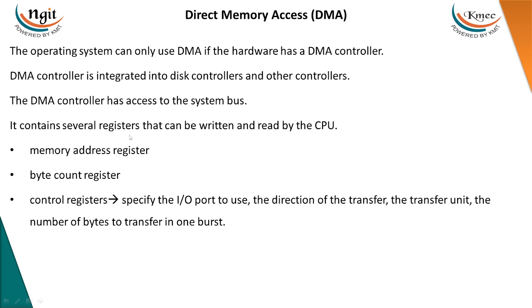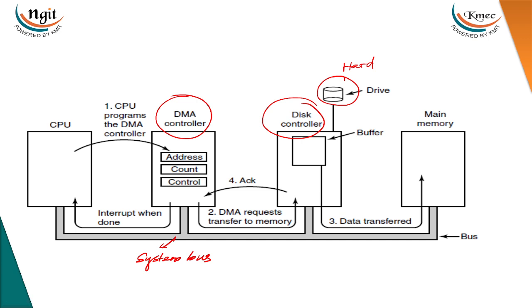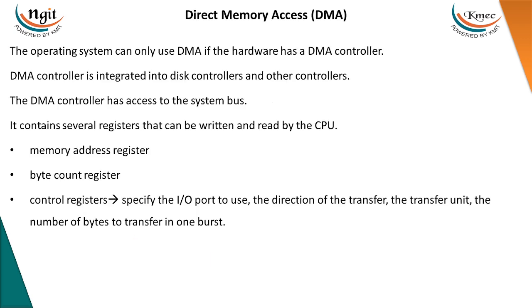The DMA controller has several registers that can be written and read by the CPU. The registers are the memory address register (MAR), the byte count register, and the control register. The control register specifies how much data is to be transferred, at what rate, in which direction, and which IO ports can be used.